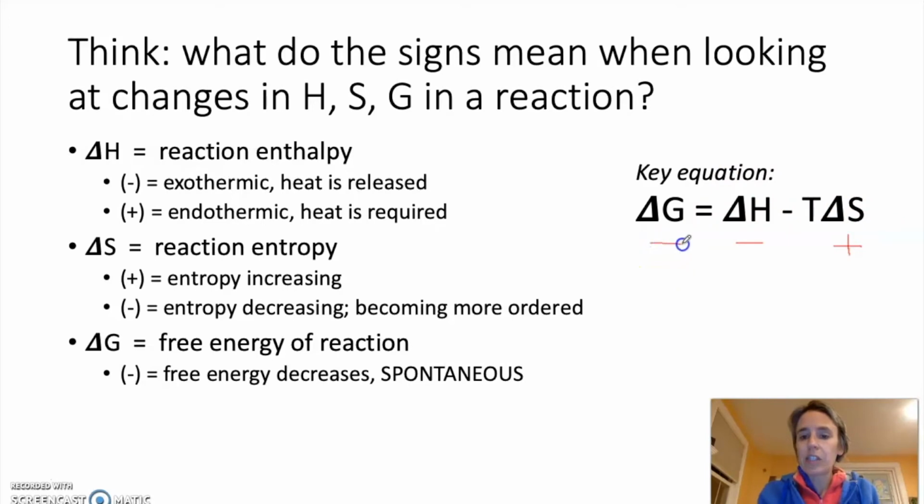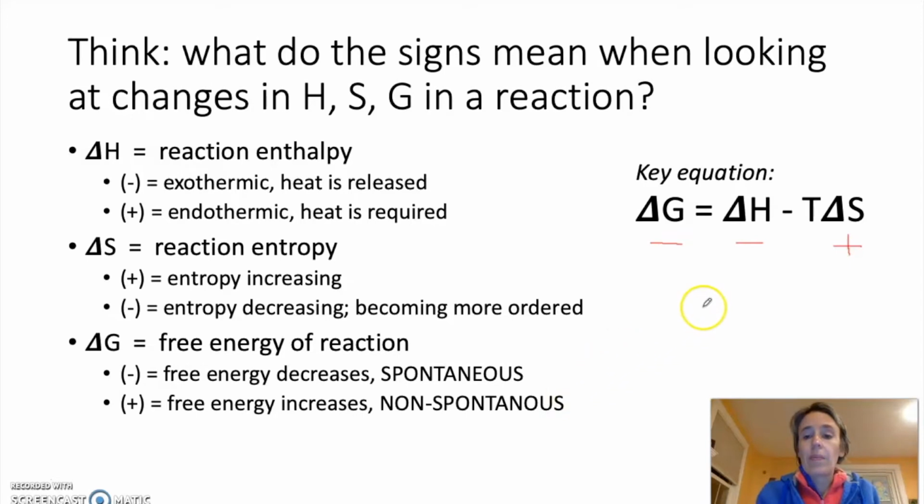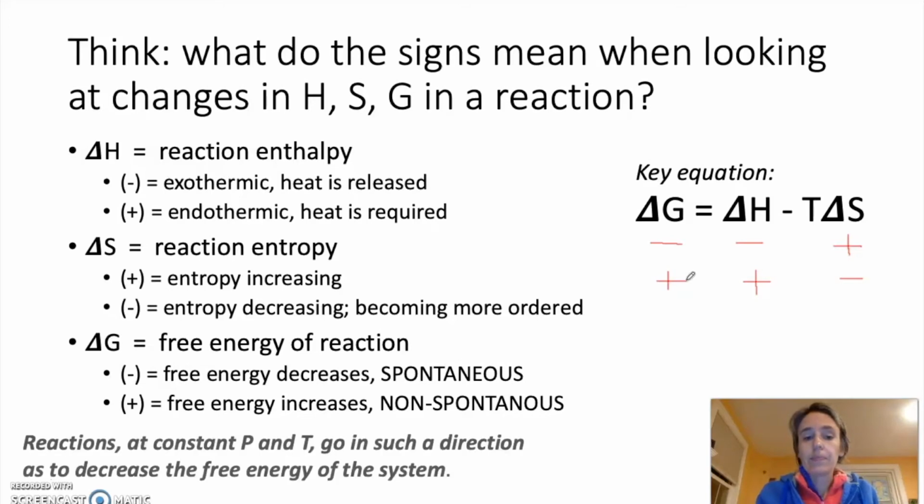That means that when delta G is negative, our reaction is spontaneous. When that free energy is decreasing, we end up with a spontaneous reaction. Opposite, if our reaction is endothermic and our entropy is decreasing, that's definitely going to be a non-spontaneous reaction. So when we see a positive value for delta G, it's non-spontaneous. One way to look at this is that reactions tend to occur to minimize the free energy.